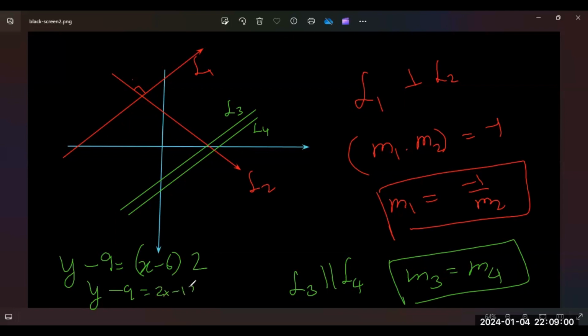So 2x minus 12. So y equals 2x minus 3. It will still be the same. It need not be just one of the points, it can be the other also.